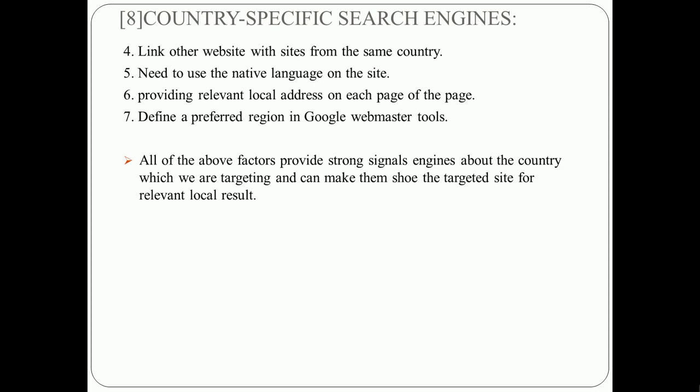Provide a relevant local address on each page. If the relevant address of a business is provided on a site or web page, it gives a better result on a particular country search.